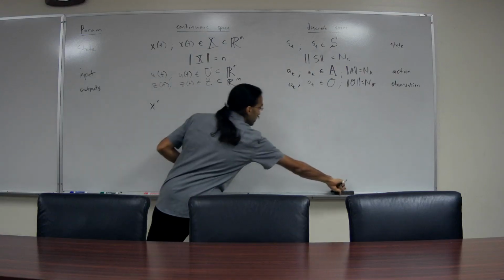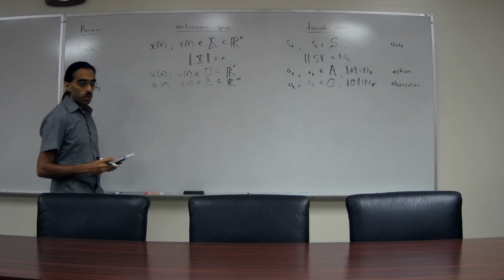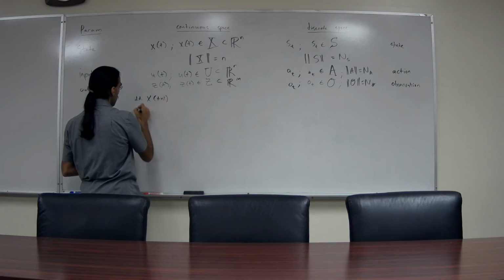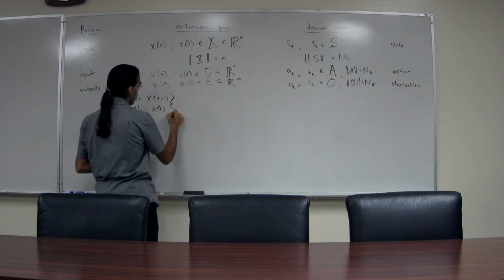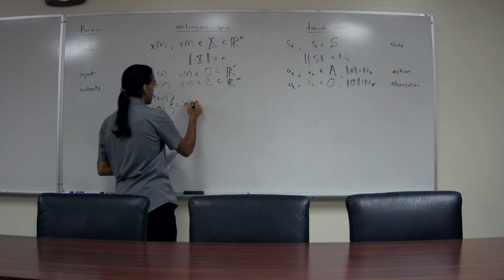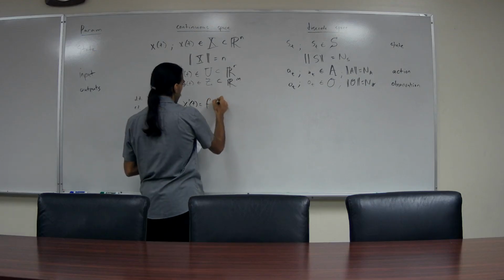Let's go ahead and write these down and say, in continuous space, we'll allow either continuous or discrete time. So either in discrete time, we'll have x of t plus 1, or in continuous time, we'll have x dot of t. We'll generically call that x prime of t. And we'll say this was our function f.